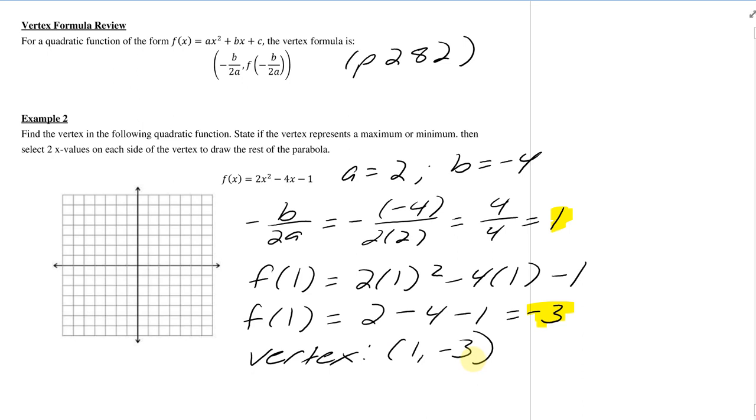Okay, so now I'm going to use this information to help me graph the quadratic. So I go to (1, -3).